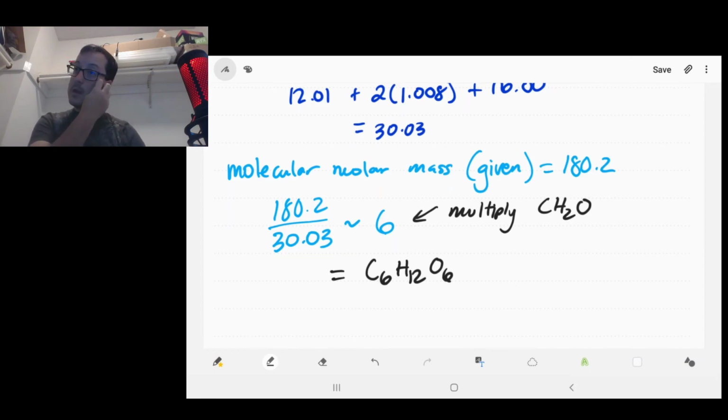So, any questions on that one? So, that is our empirical formula goodness here. So, we're in good shape. This is as far as you'll need to go for your exam that's coming up.